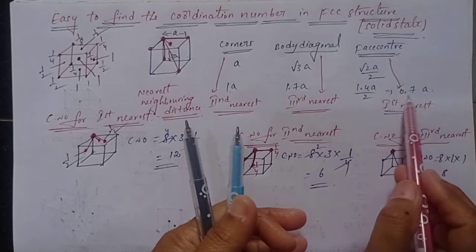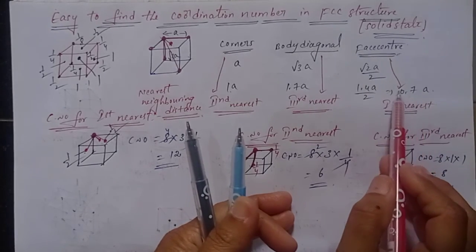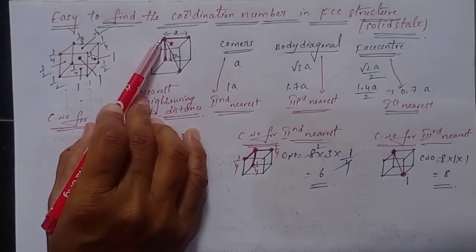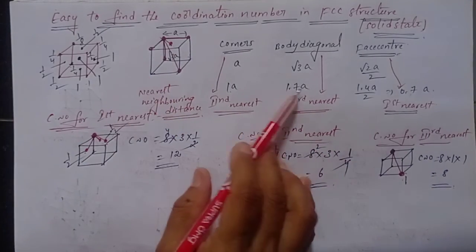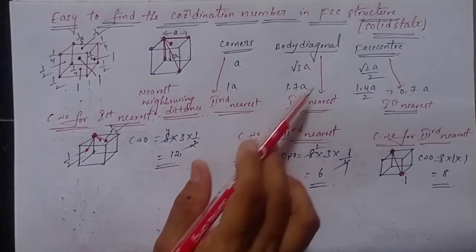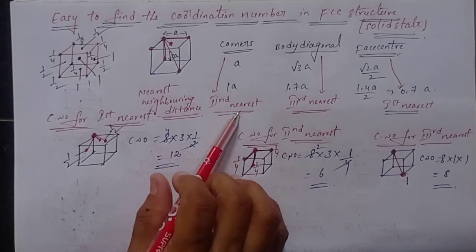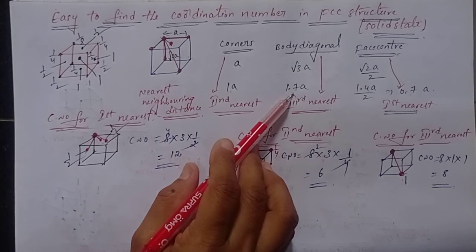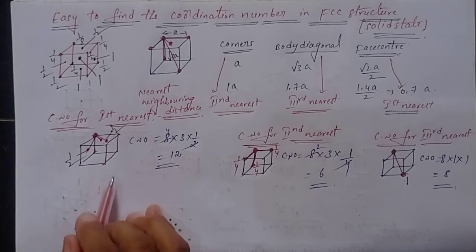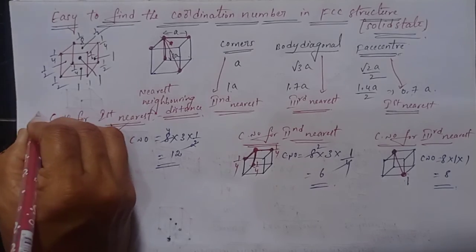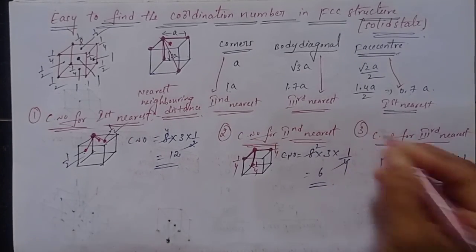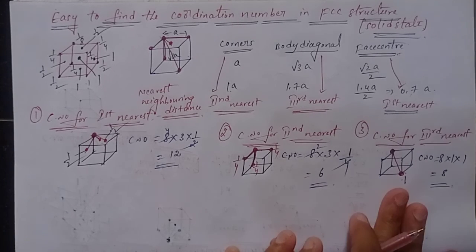So this value is the very smallest value, so that's why it is the first nearest particle. That means the face center particle is very near to the considered corner particle. And next, second nearest is the corner particles. Third nearest is 1.7a, the body diagonal particle. Clear this one? This is the coordination number for the first nearest, students, this is the first one, and the coordination number for the second nearest, this is the third one, students. Second, third. Clear this, students?